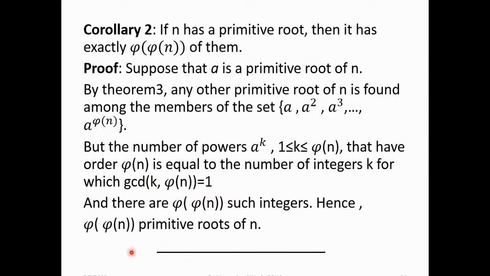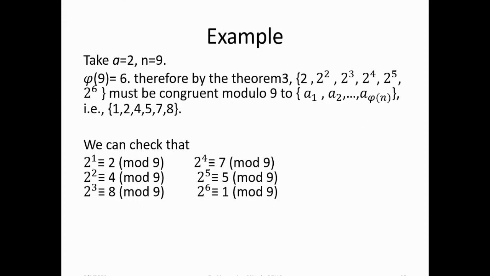And what is that? That is phi of phi n. So there are phi of phi n such integers, and hence phi of phi n primitive roots of n. So if n has a primitive root, then it has exactly phi of phi n primitive roots.